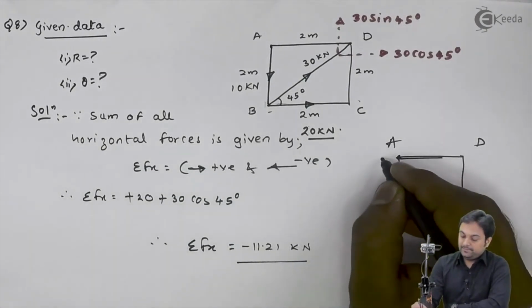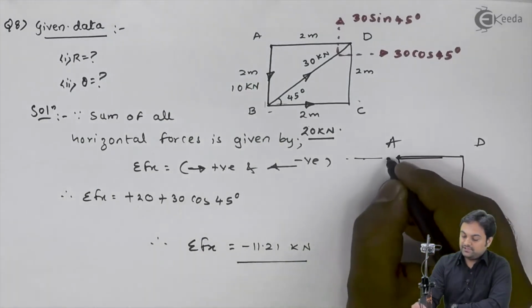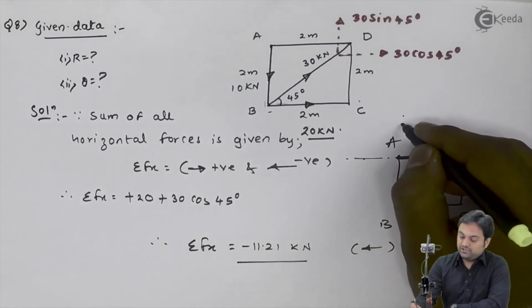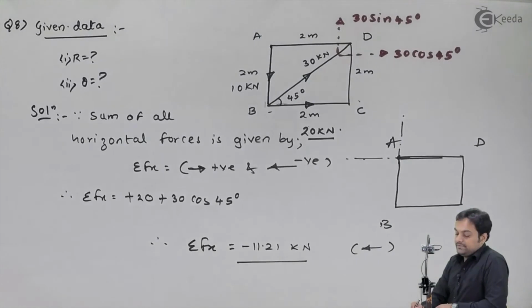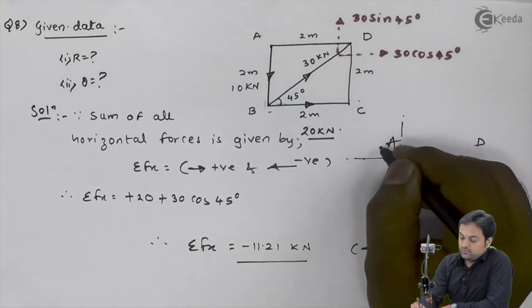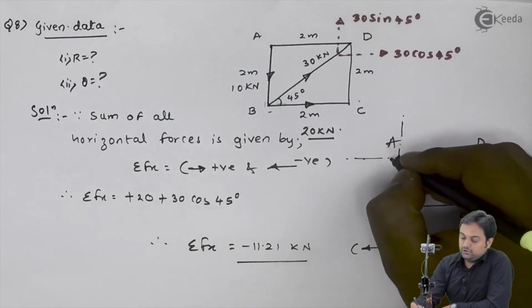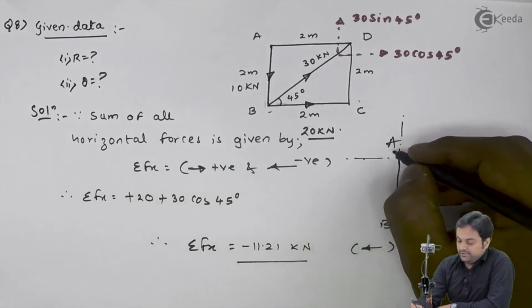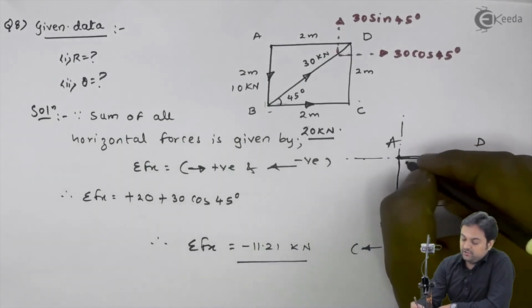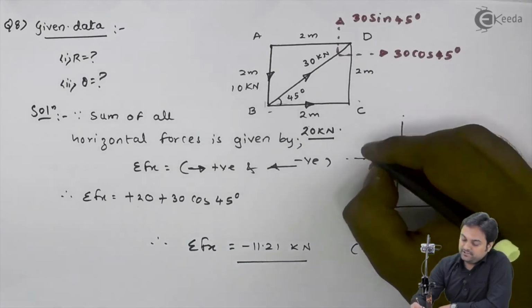So it means that if I draw one horizontal line by extending this vertical line, that indicates that my resultant will be in the second quadrant, and it would be at a distance of 0.21 meter with respect to point A that we have already calculated. So my resultant, if I can locate this, it would be something like this.